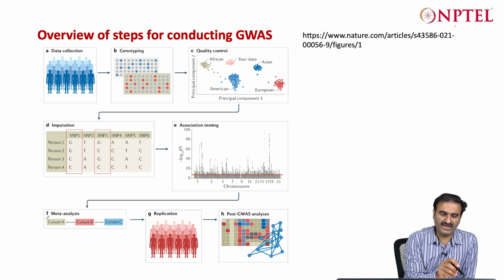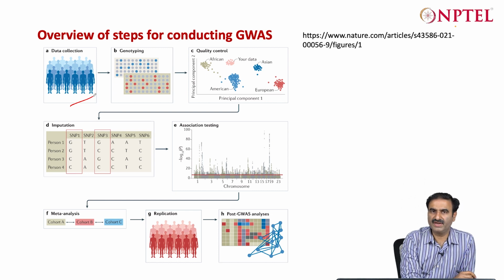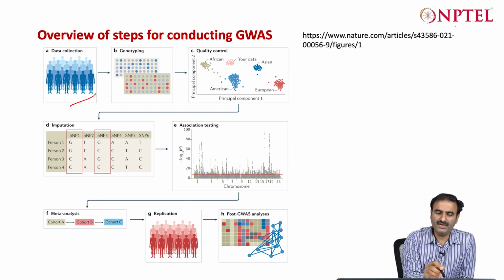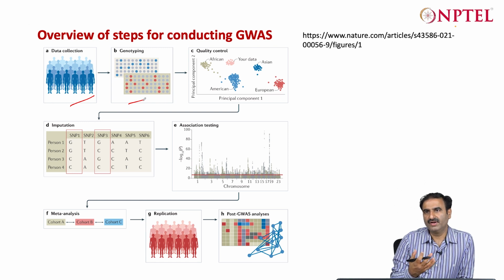So basically you can select a number of individuals and collect the genomic data from them. Then you can do the genotyping to see, at any given position in the genome, what sequence variants you observe in populations. It is also better because sometimes ethnic groups or different population groups can show some differences in their genomes, right?